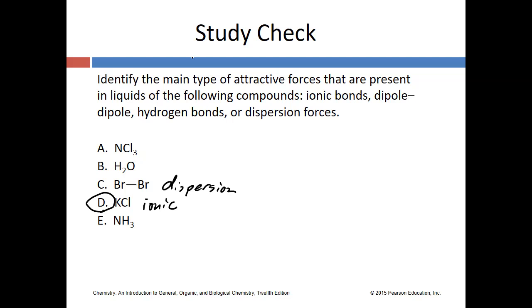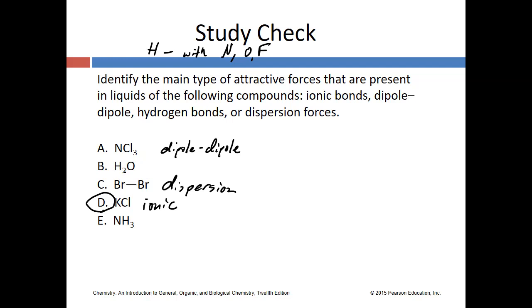I need to look for hydrogen with either a nitrogen, an oxygen, or a fluorine. So NCl3, nitrogen trichloride, has no hydrogen in it. Can't do hydrogen bonding. This is dipole, dipole to be more precise.